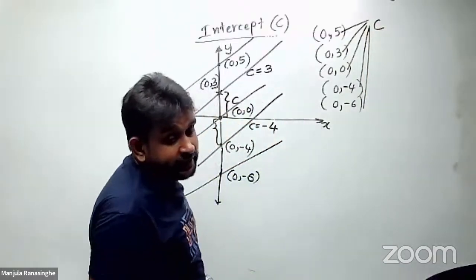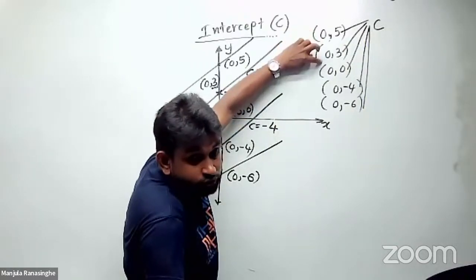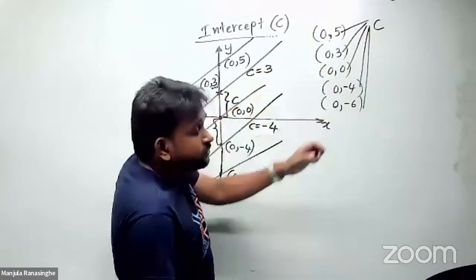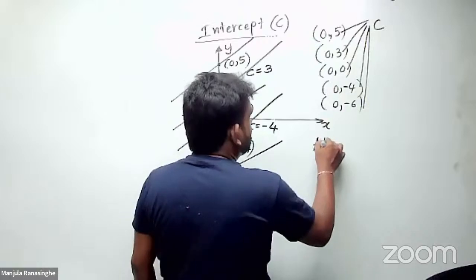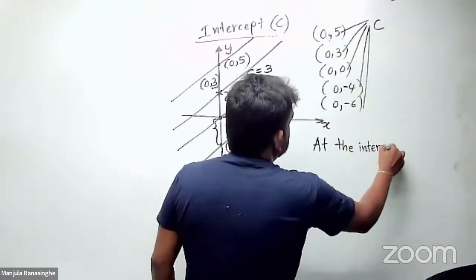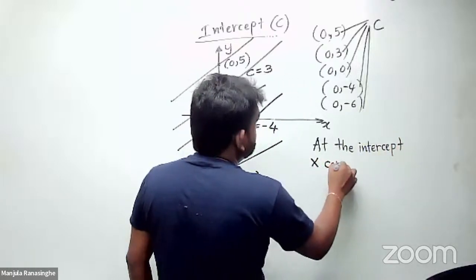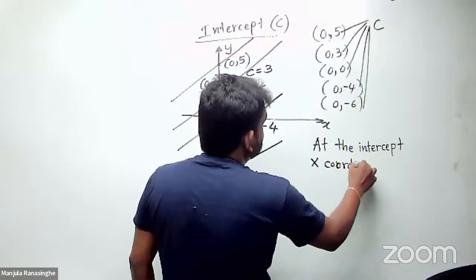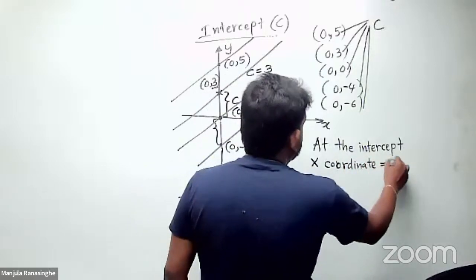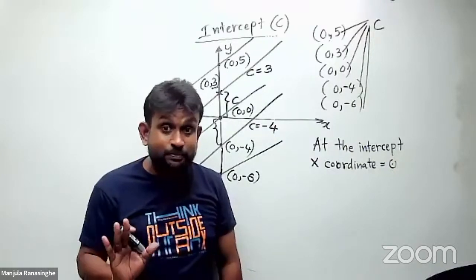Now you can see that the intercept coordinate format always has x coordinate 0. So the special part at the intercept: x coordinate equal to 0. X coordinate equal to 0. Remember that. So what happens at the intercept point?